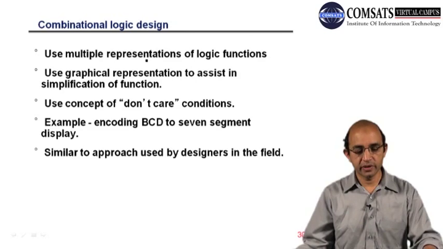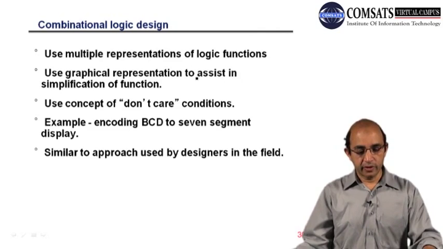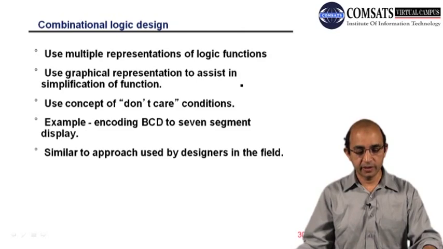So the representation is not unique. Then we have to graphically represent the function in the simplification process. We can also use the don't care conditions in order to achieve the maximum possible simplification.